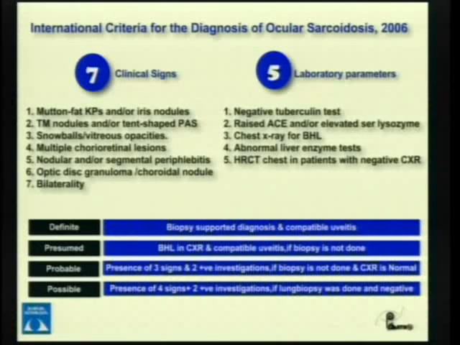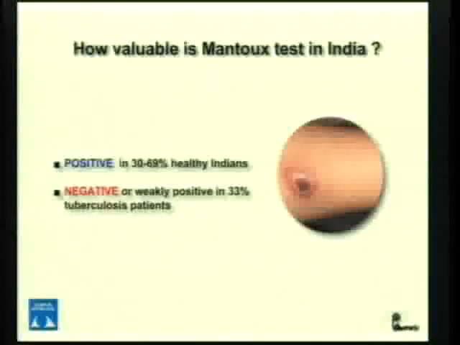And if you see the international criteria for the diagnosis of ocular sarcoidosis, the first criterion is laboratory, which includes 5 parameters. It clearly says a negative tuberculin test in a previously BCG vaccinated person is an important parameter for the diagnosis. For theory purposes, you must read this article, the international criteria for the diagnosis of ocular sarcoidosis, which was published in 2006. Now, how good is the Mantoux test in India?